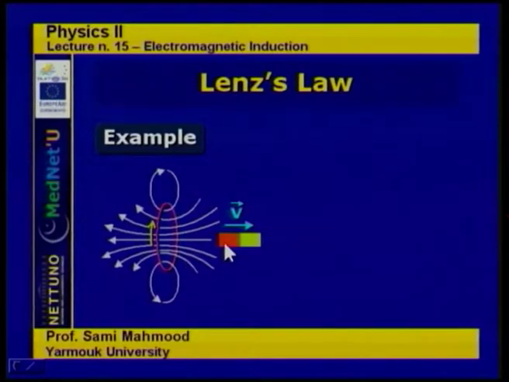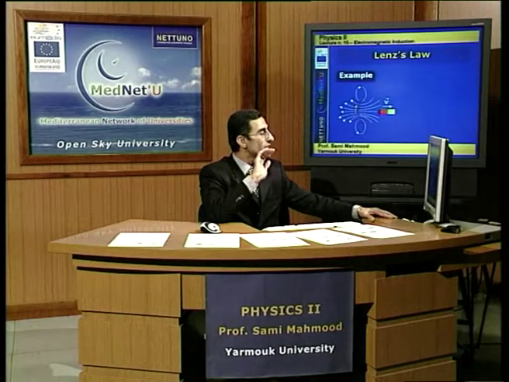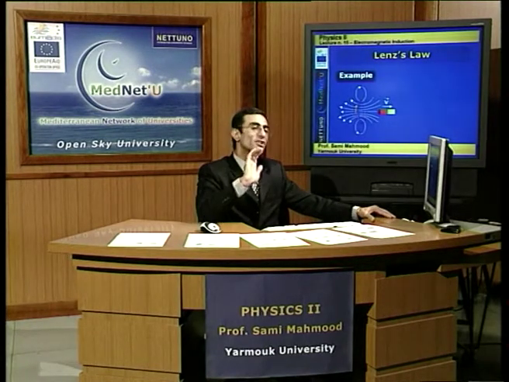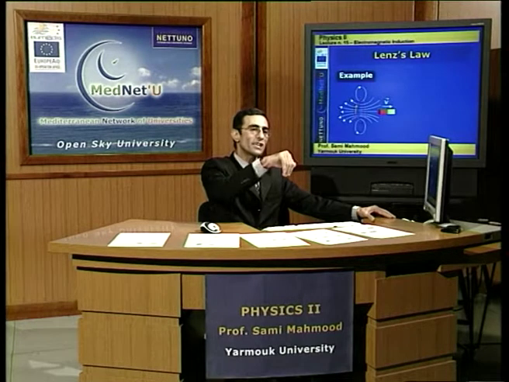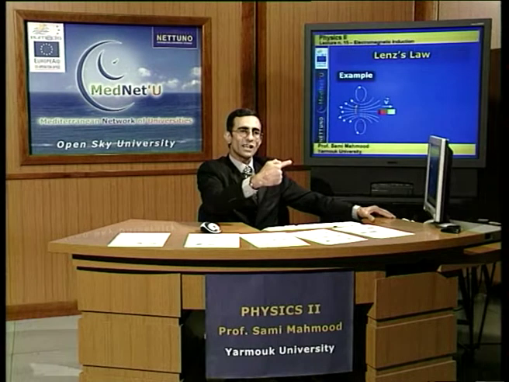If the bar magnet moves away from the loop, then the magnetic induction across the loop and the magnetic flux is decreasing in the direction to the left. So there will be an induced current in the loop, and this induced current will be in the direction such that it increases the magnetic induction, because moving the bar magnet away will decrease the magnetic induction in this direction.